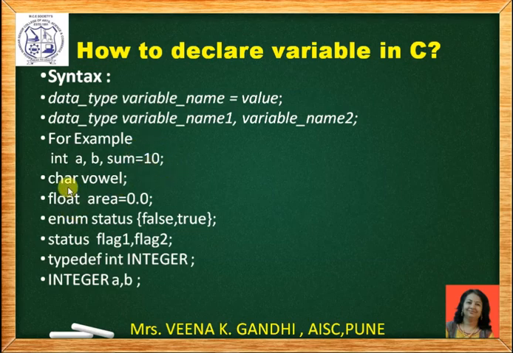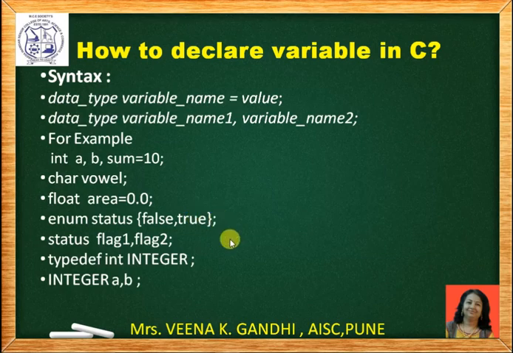In char type, for example, char ch is a variable name of char type. In float type, area is the variable name having the initial value 0.0. You can also use user defined data types like enum: the variable is status having the constant values false and true.